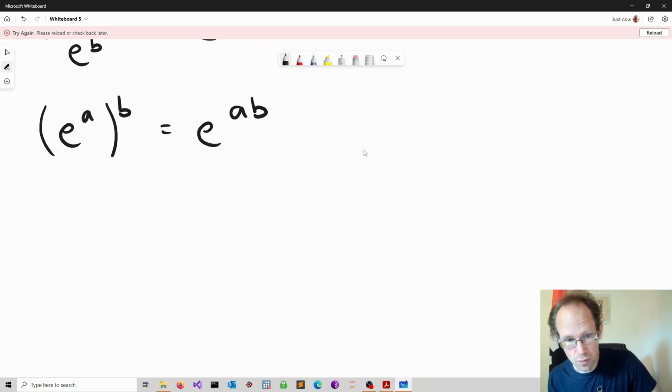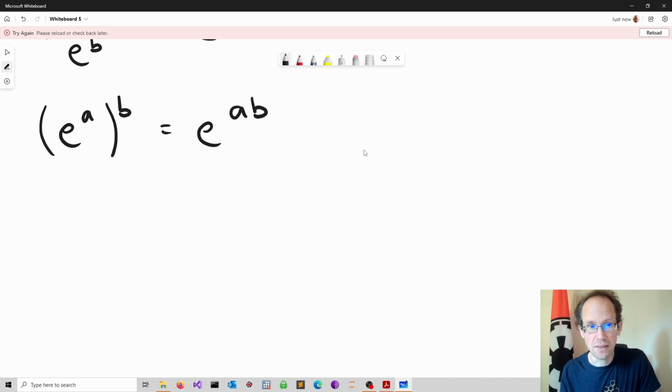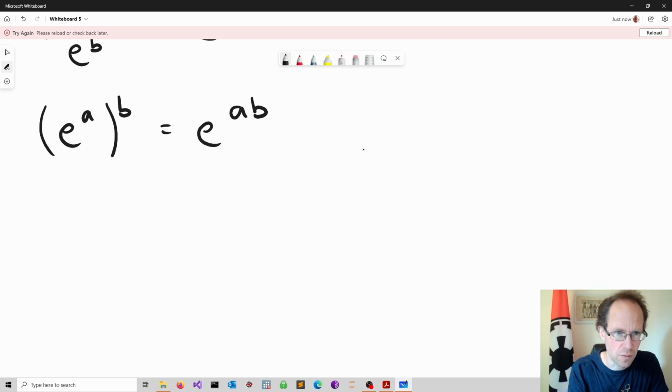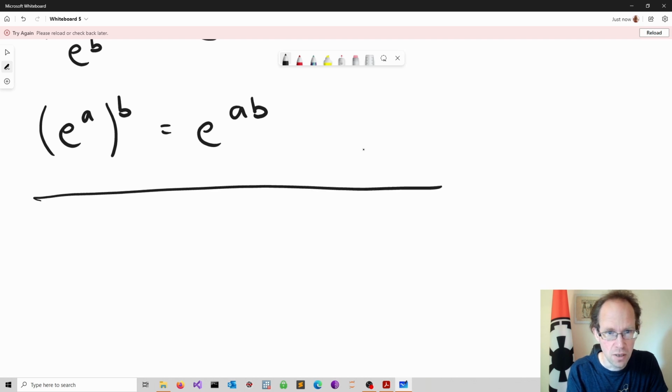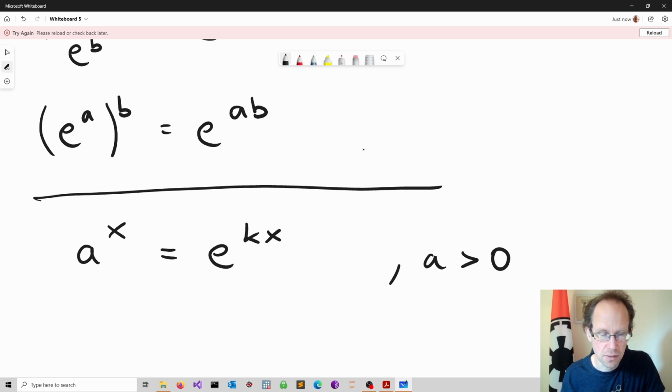Another useful application is to rewrite mathematical problems where we use a power function. So for instance, for any positive a, the following relationship holds: a to the power of x is equal to e to the power of k times x. So a has to be strictly positive.